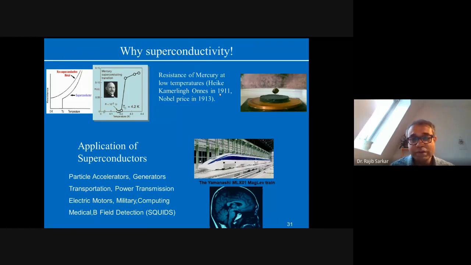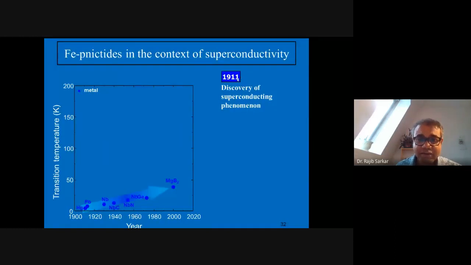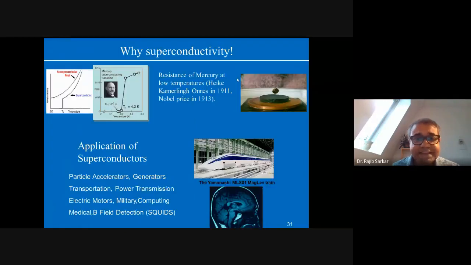And what he observed in 1911 was that, as he is decreasing the temperature, the mercury's resistance immediately goes to zero or close to zero, very low resistance, below 4.2 Kelvin approximately. He was surprised by this phenomenon because nobody had observed such a phenomenon until that time.